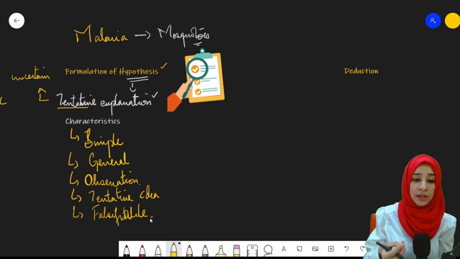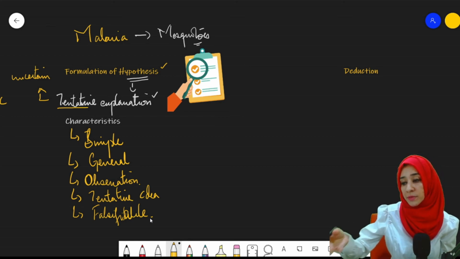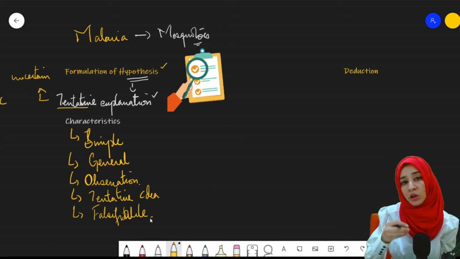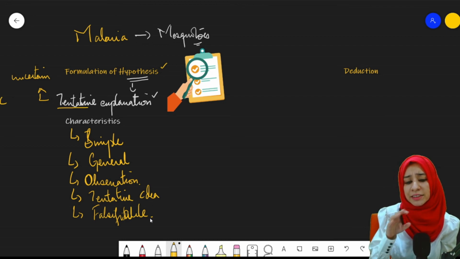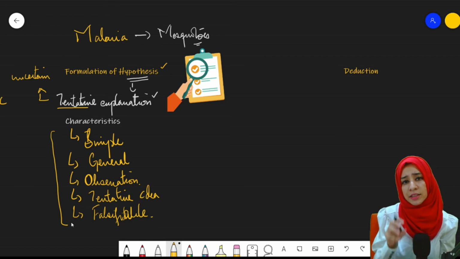That we are able to say that this hypothesis can be wrong on the basis of these experimentations, or the results that are formed on the basis of these experimentations. Okay? So these are the simple characteristics that need to be present within the hypothesis that we are forming.